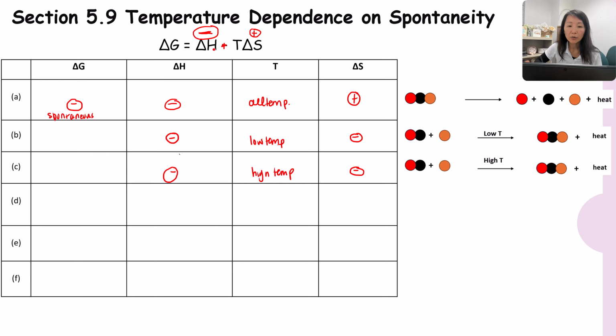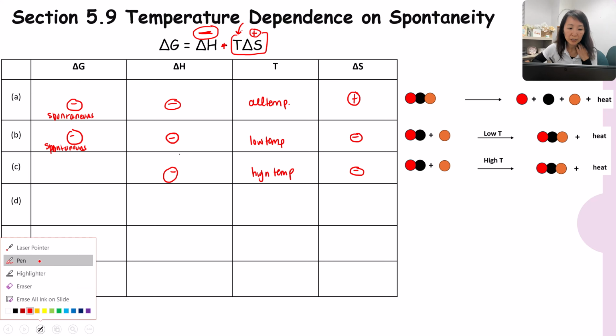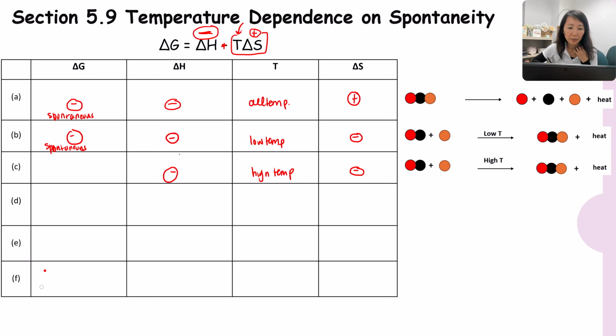Well, now, would this be spontaneous or not? Well, it sort of depends. At very low temperature, this entire value will be a small positive. So at low temperature, this will be spontaneous. However, say that the temperature is quite high.